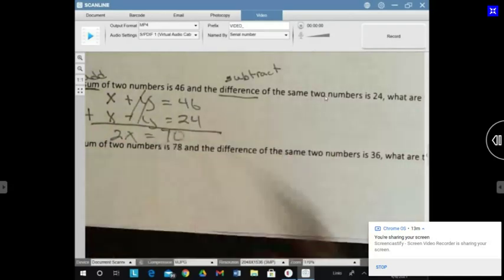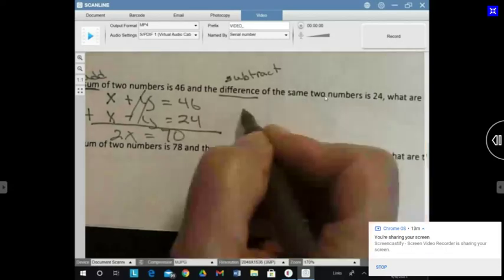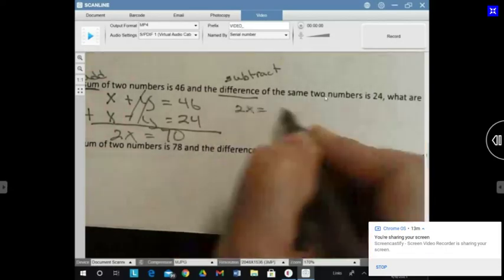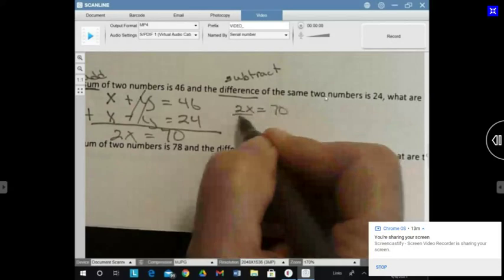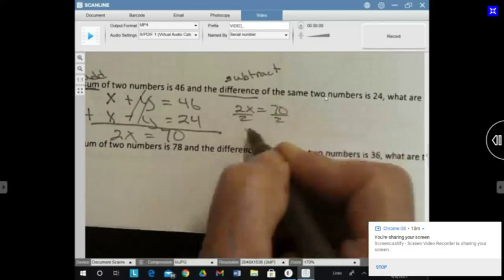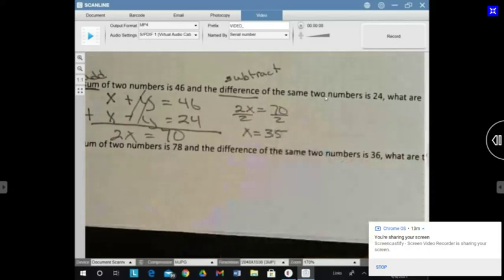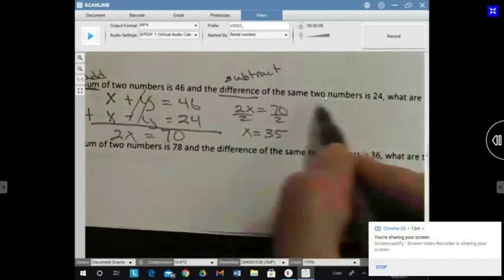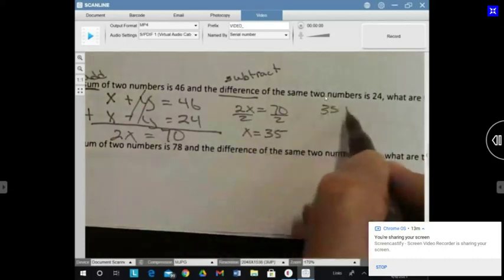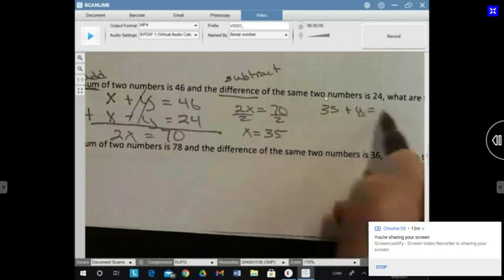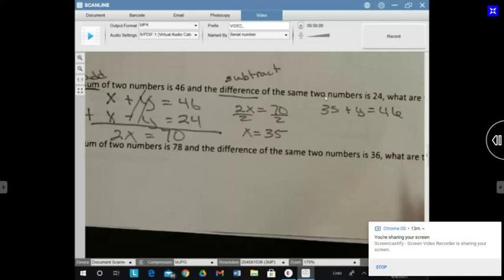Dividing by 2, x is equal to 35. So I've got 35 plus y equals 46. Minus that 35, and y equals 11.